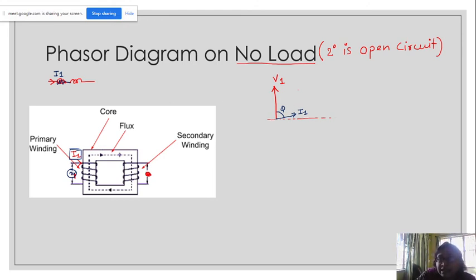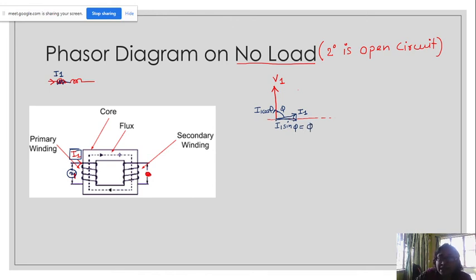A portion of this current I1, this portion, is I1 cos phi, and this portion is I1 sin phi, right? Now this I1 sin phi is actually making the flux. I1 sin phi is making the flux phi.